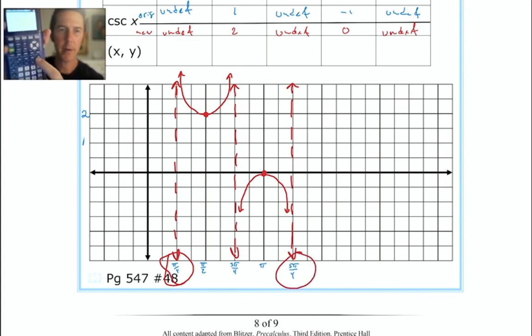There is a pi button in the left-hand column. You have to use the second button, which is in the top left corner of your keyboard. You can hit second and then pi and type in very precisely pi over 4 and 5 pi over 4 as your x-min and x-max. The x scale is 1. The y-min I put as -5, and the y-max I put as +5.